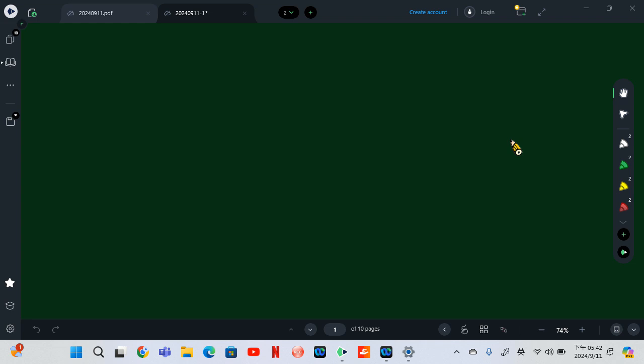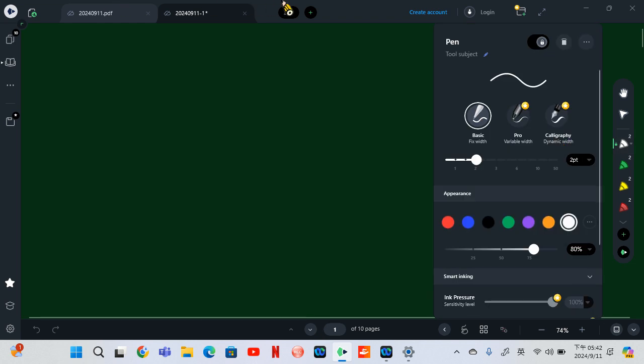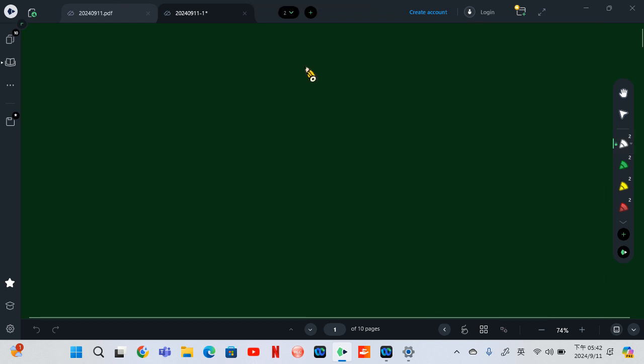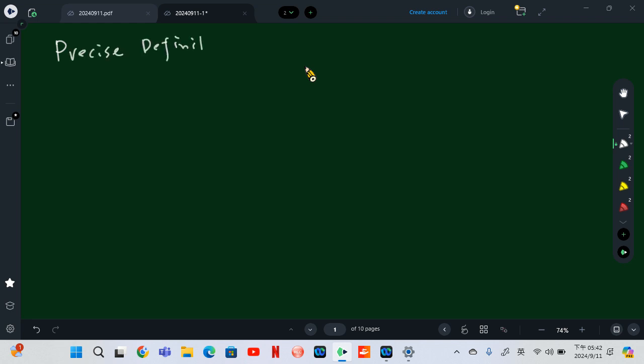However, let's just look at what is the precise definition for the one-sided limit. So here we just focus on one-sided instead of two-sided.